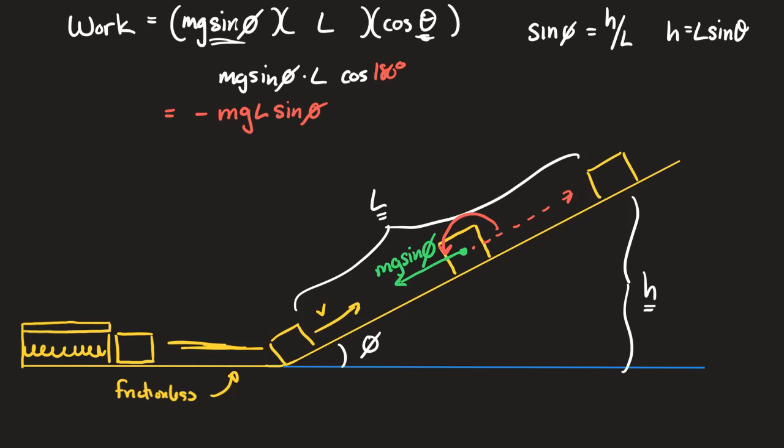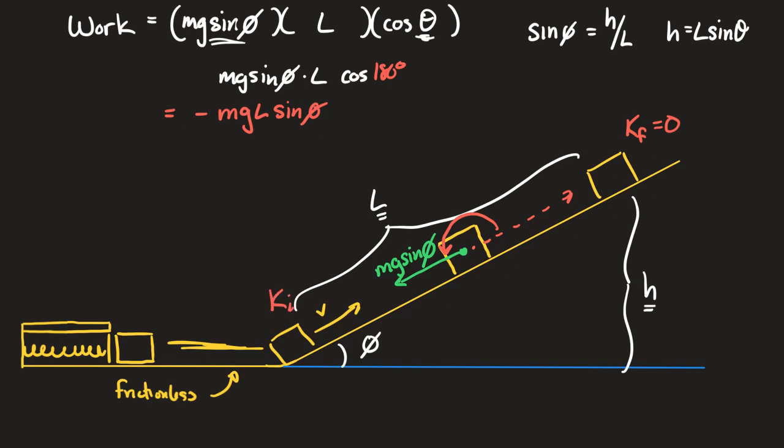Now you might want to ask yourself why it's negative, but I'll remind you why. This work is changing the kinetic energy of the box. It's the reason the box is slowing down. At the top of the ramp, how much kinetic energy will the box have? 0. So up here, kinetic energy final equals 0. At the bottom, it's going to have kinetic energy, right? I don't know how much, whatever the spring gave it.